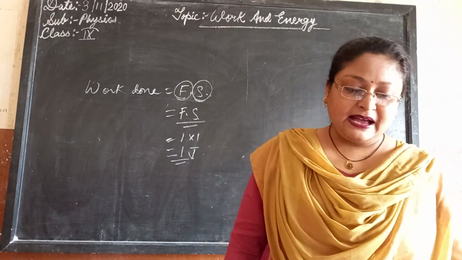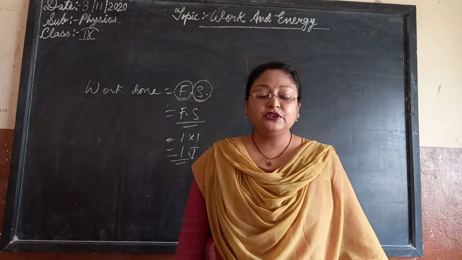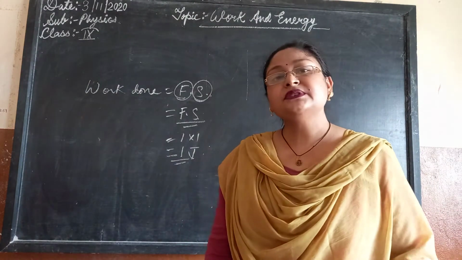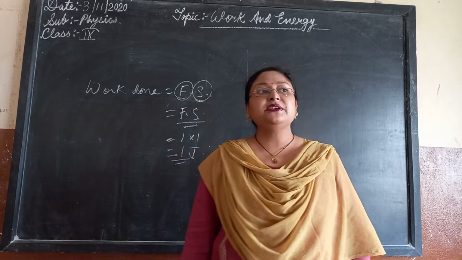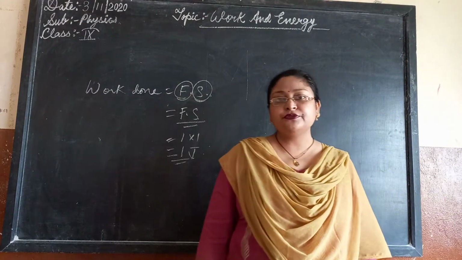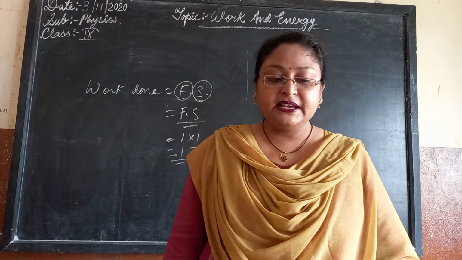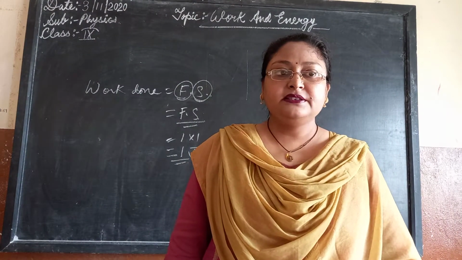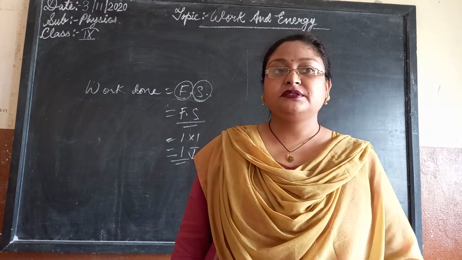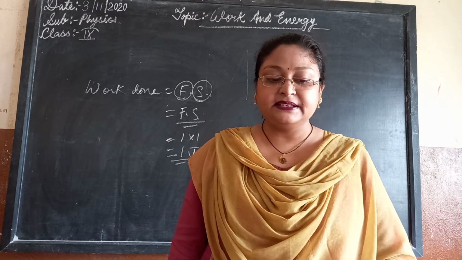Whereas we know that the sun is the enormous source of energy which gives energy to the whole universe. The sun is a major source of energy. All the life support systems depend on the sun itself.